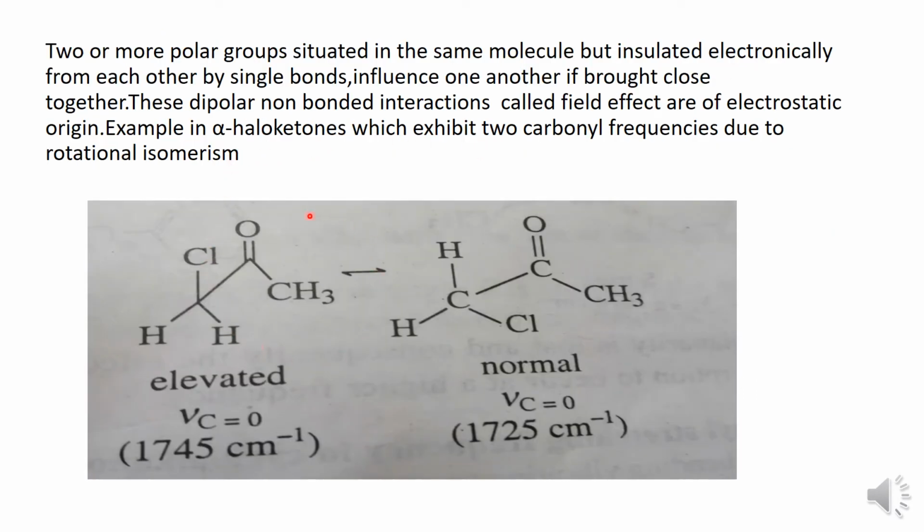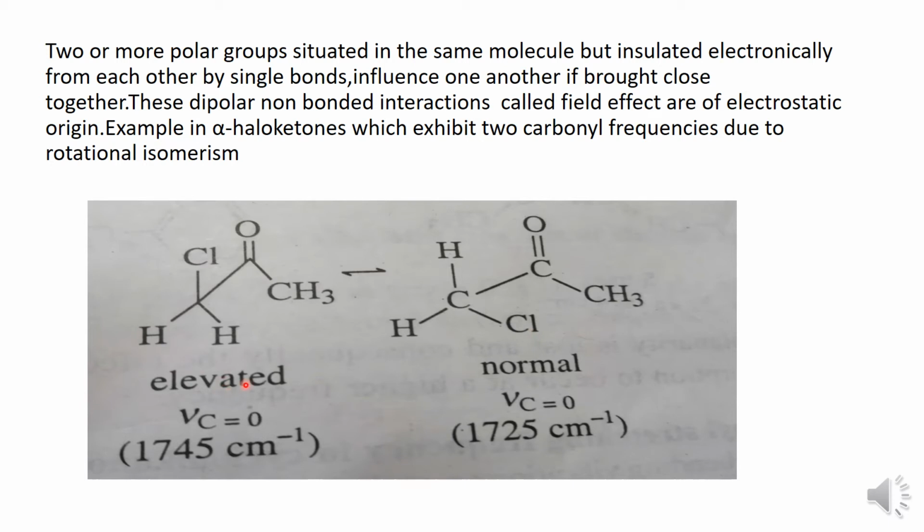This is an alpha haloketone. In this alpha haloketone, the C-C bond is freely rotated, so there are two rotational isomers for this structure. In the first case, the chlorine is near to the carbonyl oxygen, and in the other case the chlorine is far away from the oxygen atom. This is the eclipsed form and this one is the staggered form.